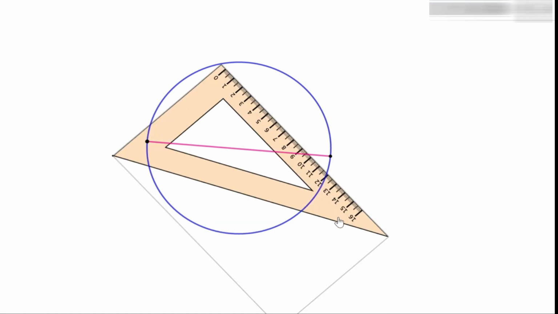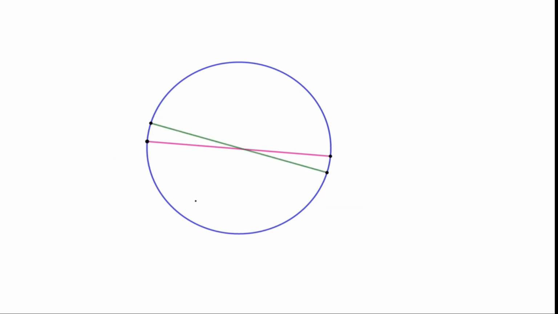These two are mutually perpendicular lines. Mark the points where they intersect with the circle. Join them, we will get another diameter. The intersecting point of these two diameters is the center. Like this, we can find the center of a circle when the center is not given.